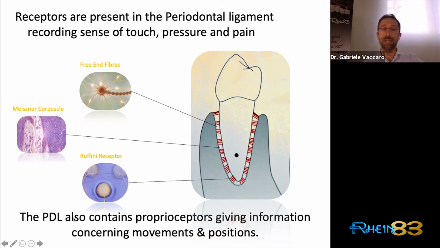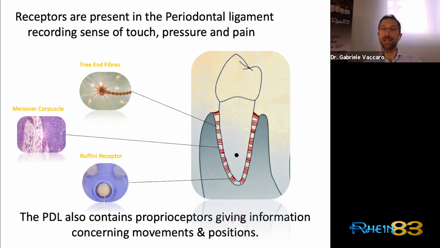And the periodontal ligament contains proprioceptors giving information concerning movement and position of the mandible. This means that the tooth is not only a mechanical organ, but it is a sensitive organ.